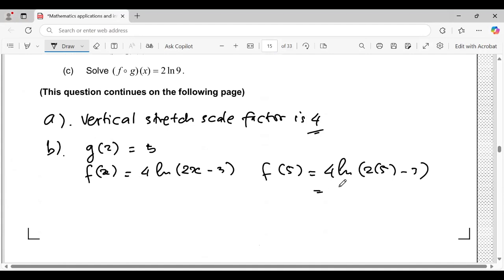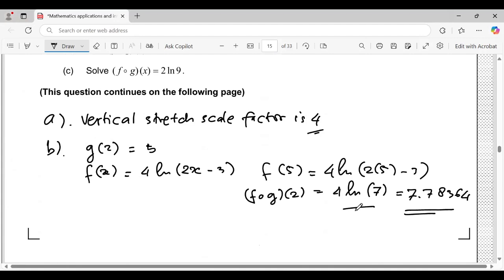So it becomes 4 ln 7, which is 7.78364. So this is f of g(2).